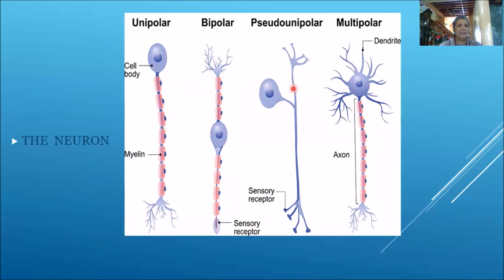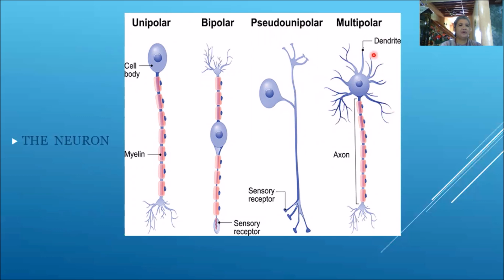Actually, it's not really unipolar, that's why it is pseudo-unipolar, because it is not true that it is unipolar, because you see that you have two axons that will come out from it, and then you have the multipolar.